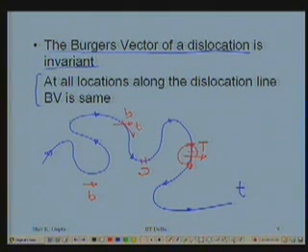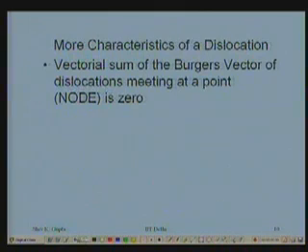This is a mixed state of dislocation, a general dislocation. It has shear strains, it has compressive and tensile strains. The principal strains and shear strains, both are there. Therefore, it's a mixed state of strain. This segment is a mixed dislocation, right? Or you can also say the general dislocation.